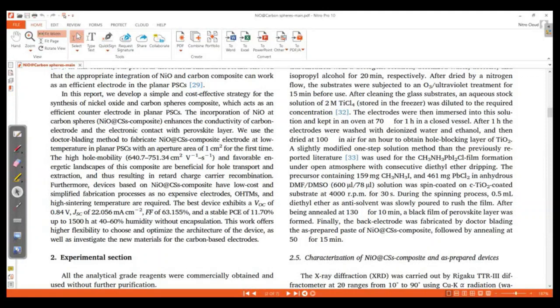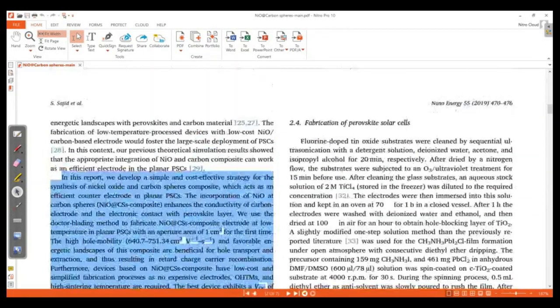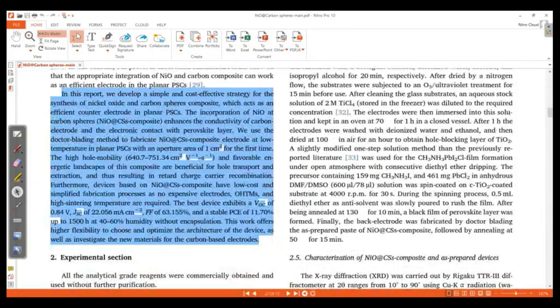Then in the last section of the introduction in this report, for example, if we read this one: in this report we develop a simple and cost-effective strategy for the synthesis of nickel oxide in carbon sphere composite, which acts as an efficient counter electrode in planar perovskite solar cells.